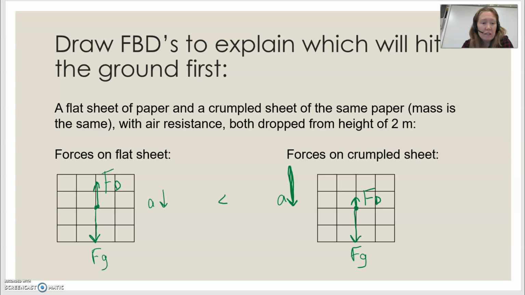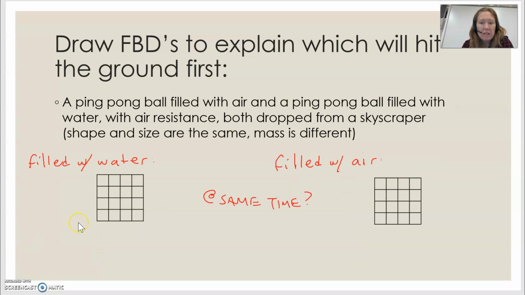Then let's look at this example, where the masses are different and the surface areas are the same, in size and shape. This is a sort of odd situation, but imagine a normal ping pong ball, and one that you somehow filled with water, and you dropped them off a skyscraper at the same time, and picture them midair.